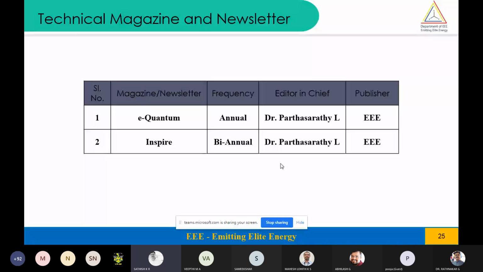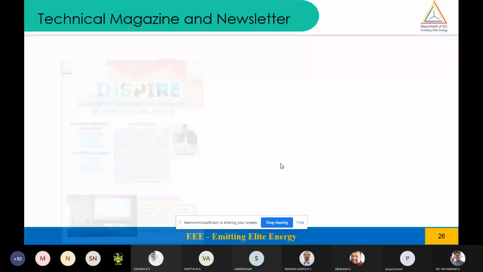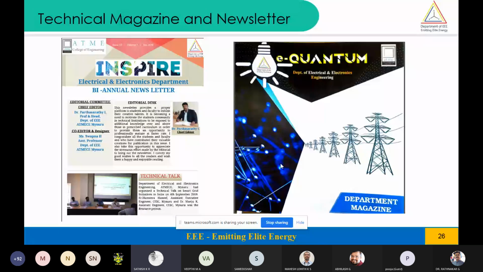The contents, like the technical fest or industrial visits, will be included in the magazine as well as the newsletter. It is created and designed by the students. Here I have shown 2 samples, one is the newsletter and the second is the department magazine. Here you can observe that the design as well as the content, everything is done by the students themselves.